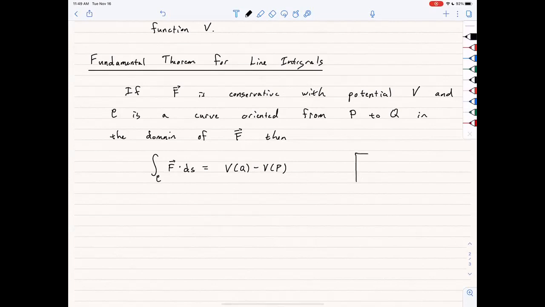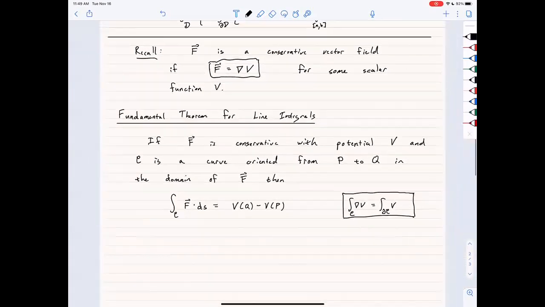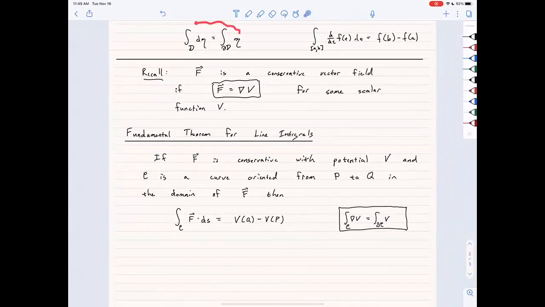So parenthetically, and this is sort of less rigorous, we can write this as the following formula, which is in line with this general Stokes formula.